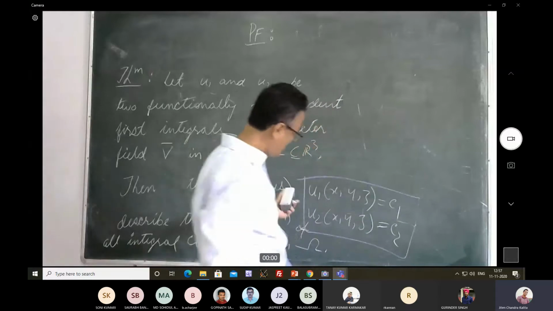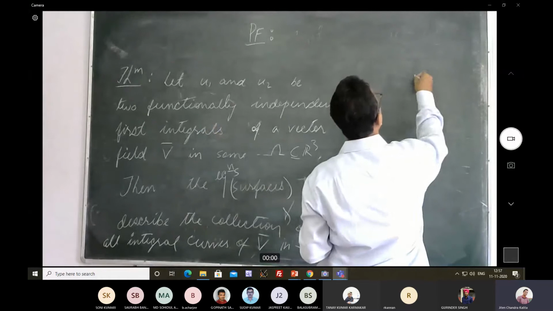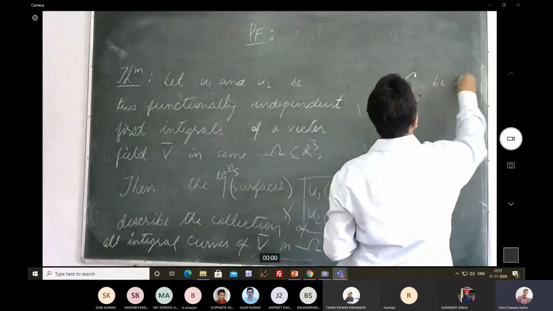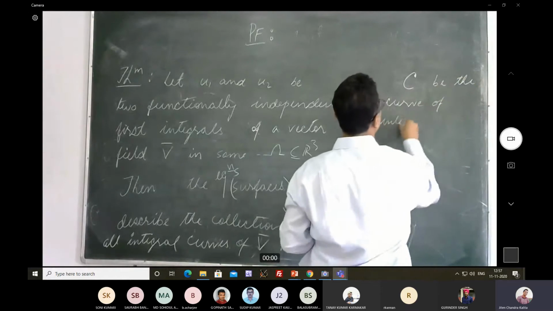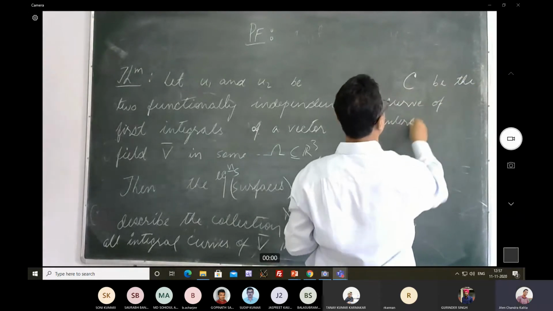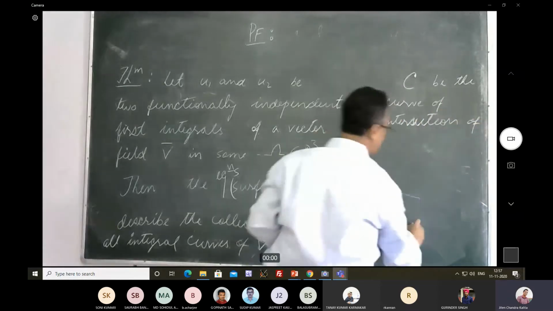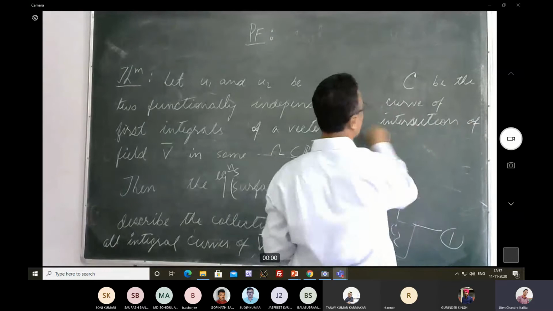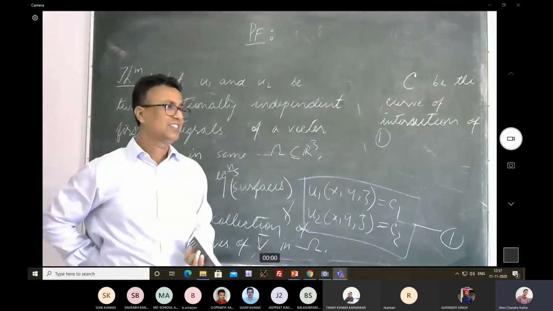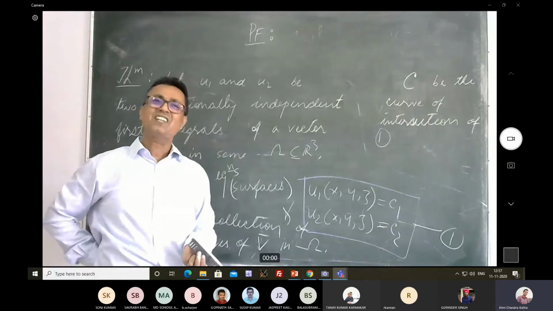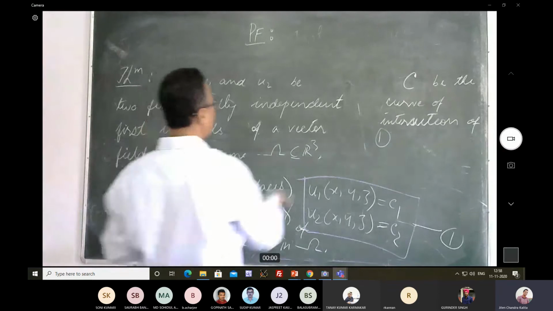Let C be the curve of intersection of these two surfaces. Then, can I say that C is an integral curve of V? Yes.